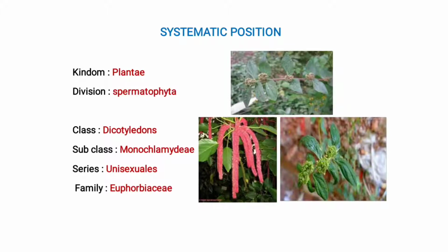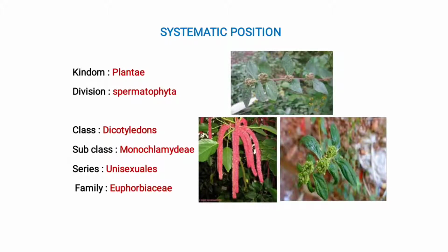Then the subclass is Monochlamydeae. The flowers have a simple perianth, which is usually sepaloid and incomplete. It means that in this Euphorbiaceae, the male and female flowers are different. Sometimes the calyx and corolla are not present, but the perianth is present and usually sepaloid. It means the sepals are present.